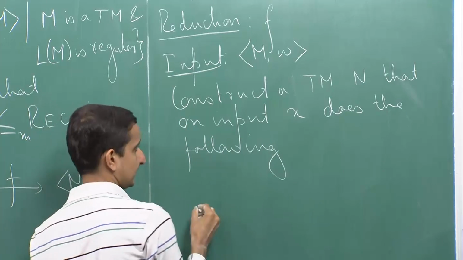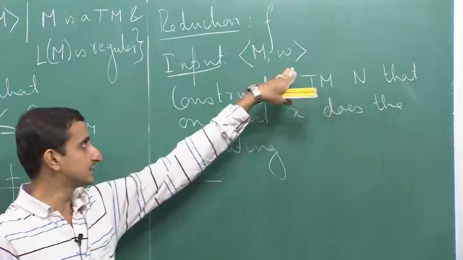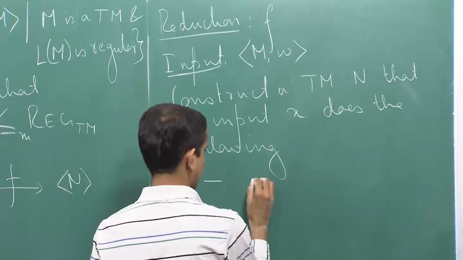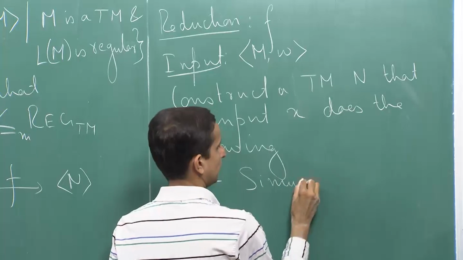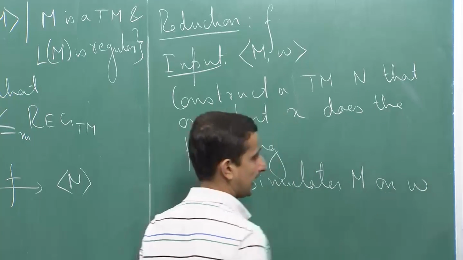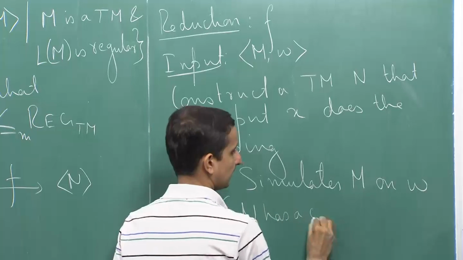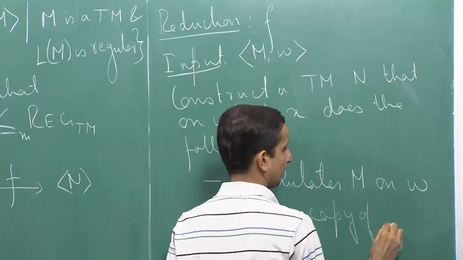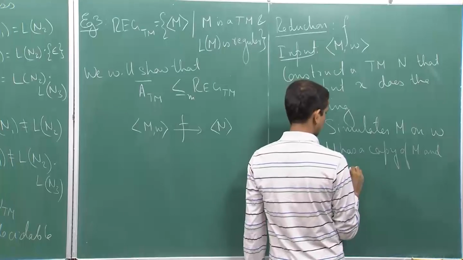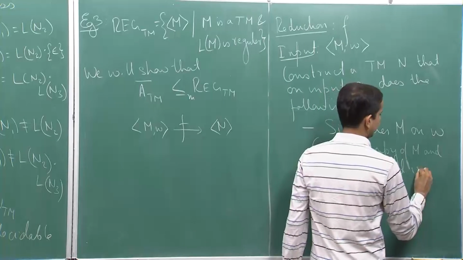Okay. So, what does N do? So, N of course has M, a copy of M and w hard coded in it.